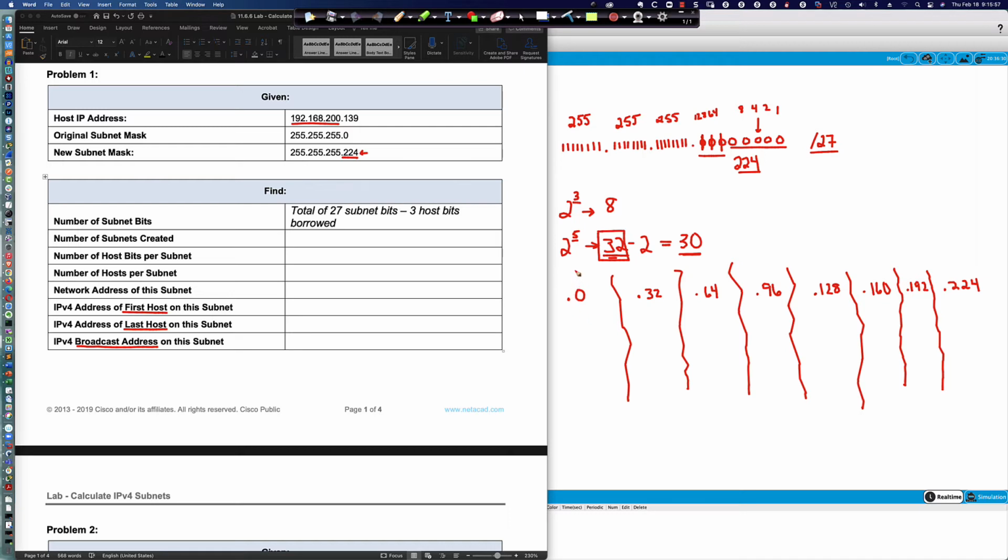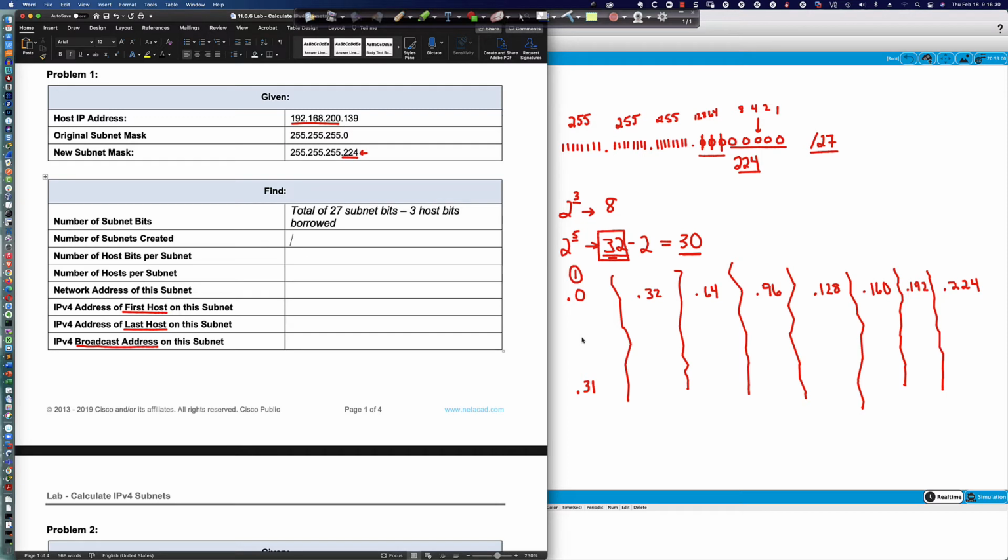We take a look at subnet number 1, and we say it begins at .0. Well, if subnet number 2 begins at .32, the last IP in this range, not last usable, not last assignable, is going to be .31, the IP that would occur before .32.